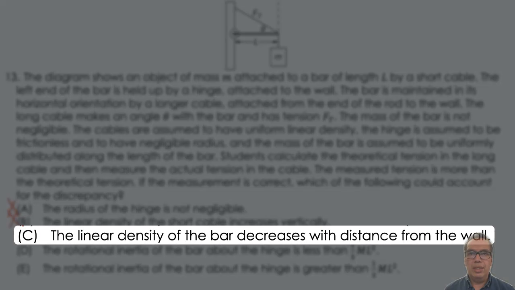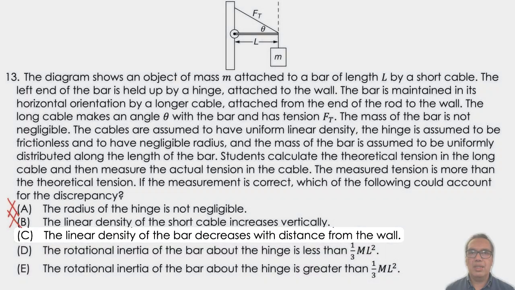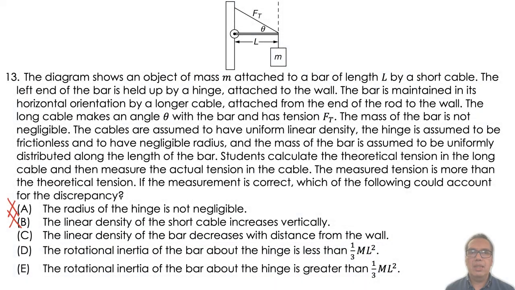In the third case, a linear density that decreases with distance from the wall results in a center of mass that is closer to the wall, producing a torque of smaller magnitude. As a result, the tension will also be less.